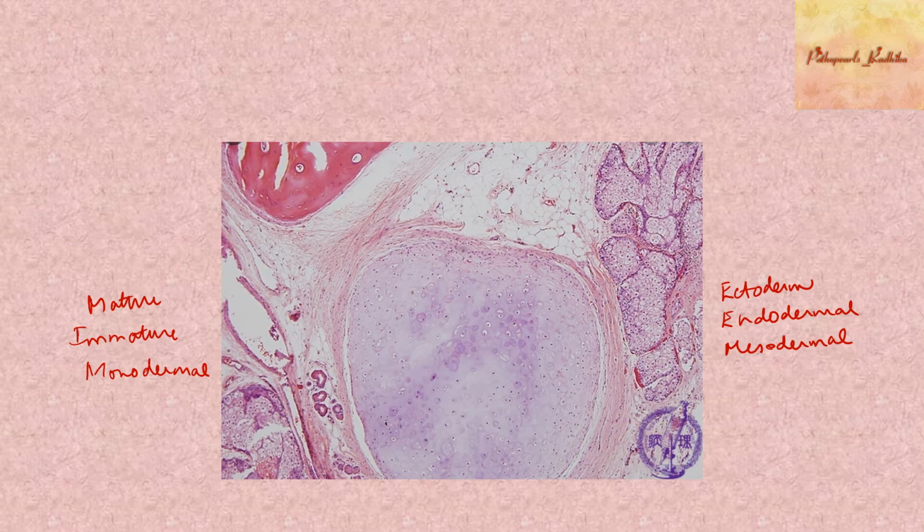So this is of utmost importance, and you should always look for any immature tissue. It could be an immature neuroepithelium or an immature cartilage or anything, any immature element you have to carefully look for, because if you have immature tissue it indicates a malignant behavior.